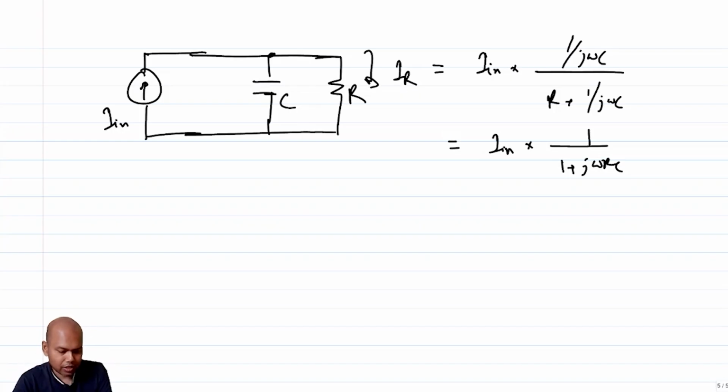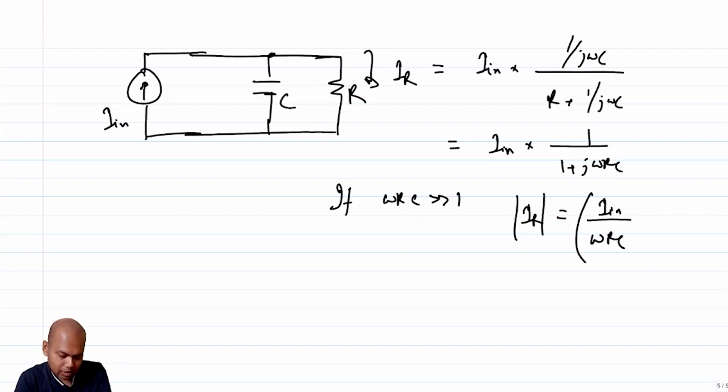If I want this division ratio to be much greater than 1, so if omega RC is much greater than 1, then the magnitude of IR becomes I in by omega RC. So this becomes your N.